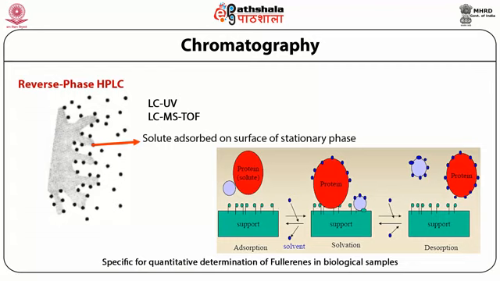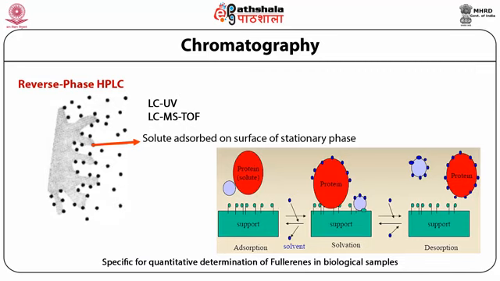Reverse phase high performance liquid chromatography is also nowadays increasingly used in the determination of nanoparticles. It works on the principle of adsorption. The solute, which here is the nanoparticle, is adsorbed onto a solid surface, which we call the stationary phase.